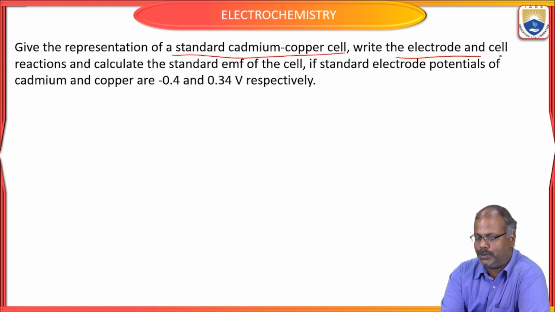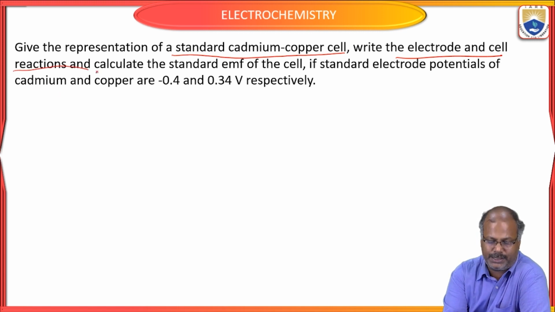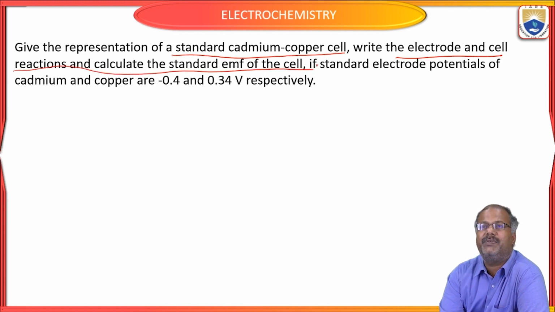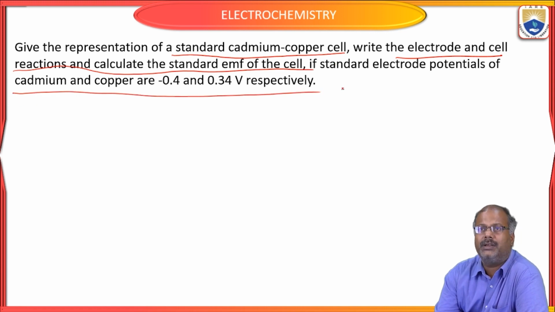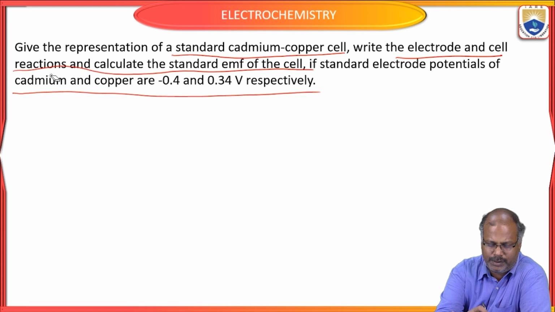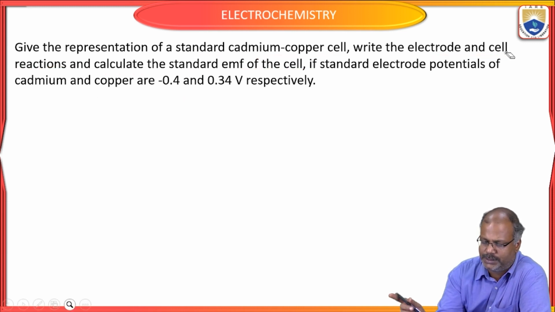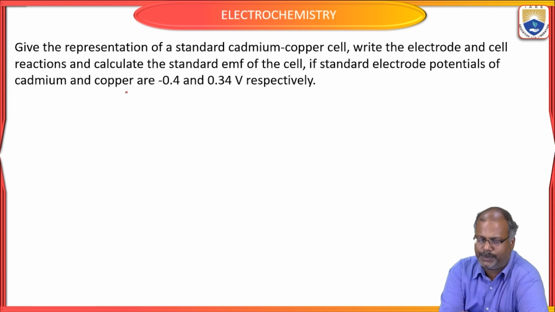Write the electrode and cell reactions and calculate the standard EMF of the cell. Standard electrode potentials of cadmium and copper are given. So first, cell representation.